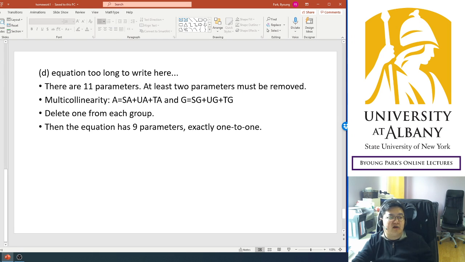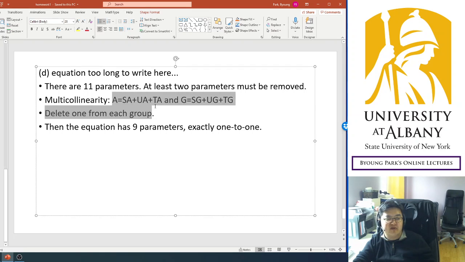And the final one, the most complicated one, has 11 parameters. So it is easy to see that there is some problem. You have only 9 groups, which cannot support 11 parameters. So at least 2 parameters must be removed. And the multicollinearity is coming from this and this, right? So delete one of these 4 and another one of these 4. The answer is simple. It's up to you what you delete.